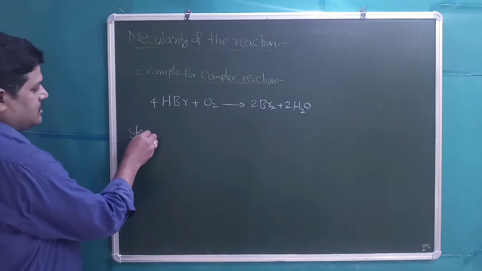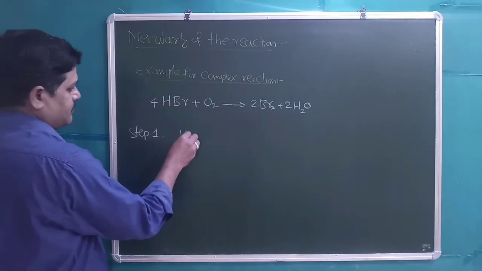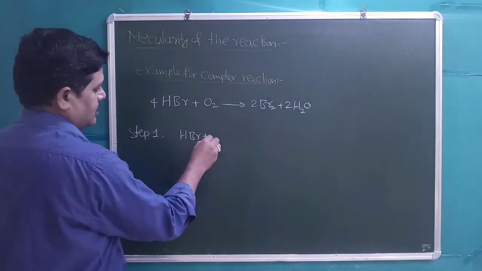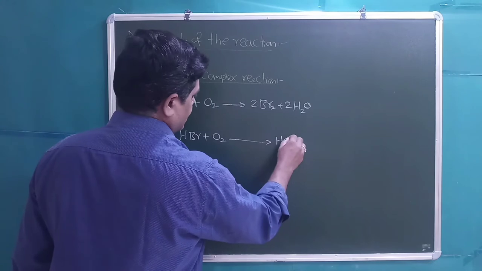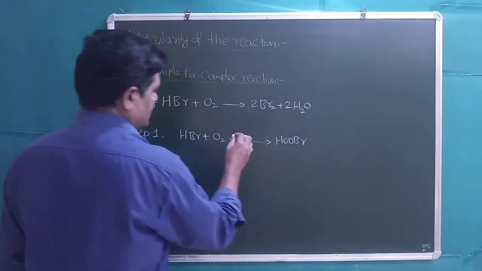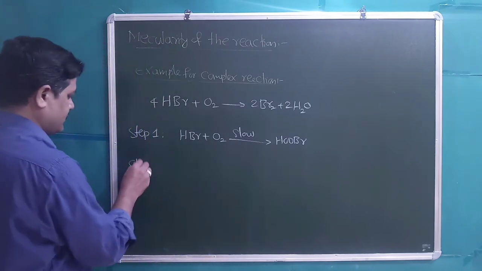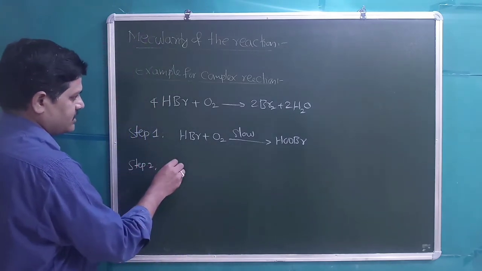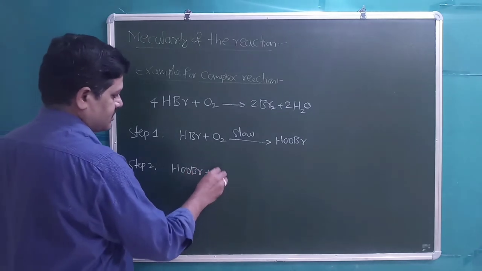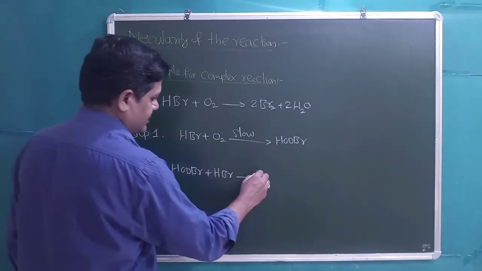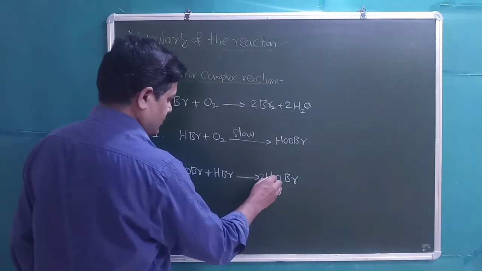This occurs in 3 steps. First step is HBr plus O2 gives rise to HOOBr. This is the slowest step of the process, the slow step. Step 2 is HOOBr plus HBr gives rise to 2HOBr.